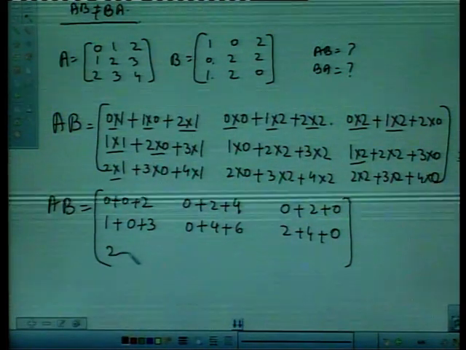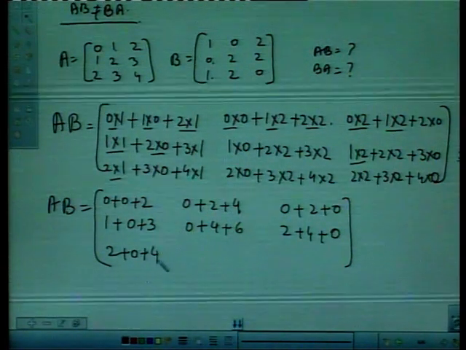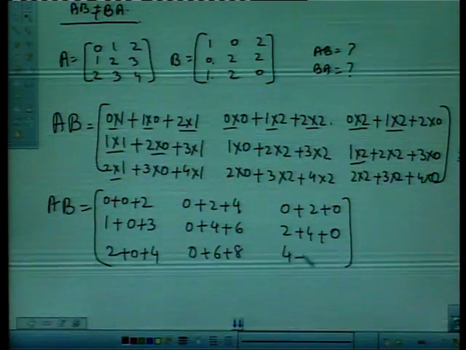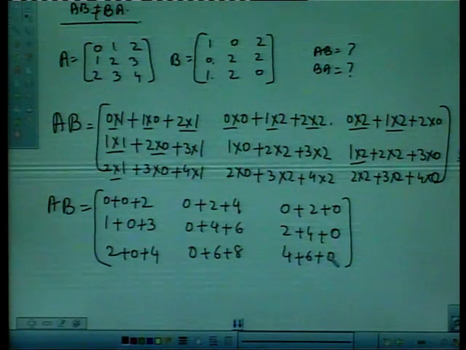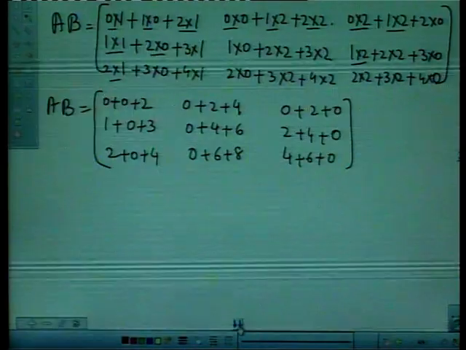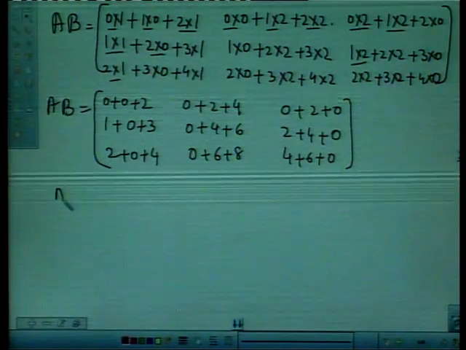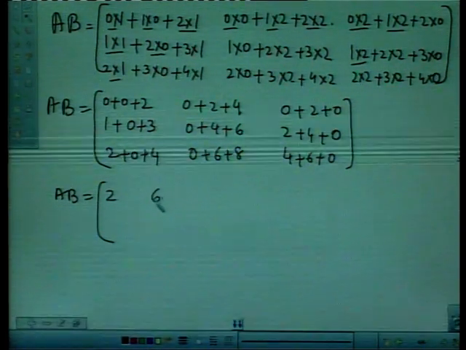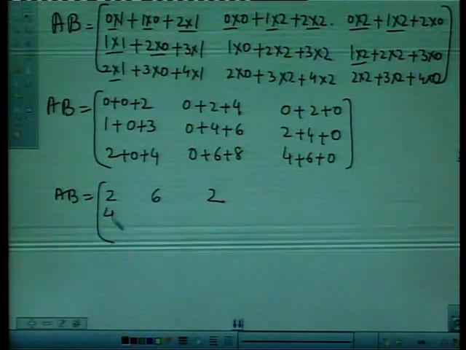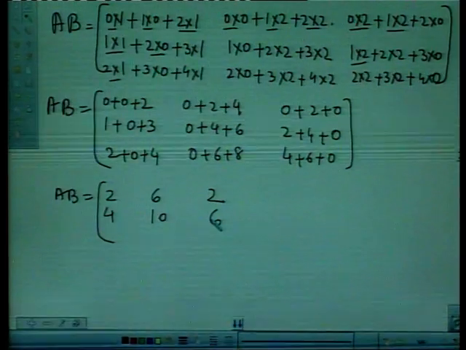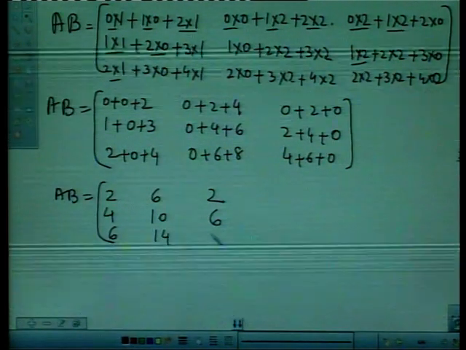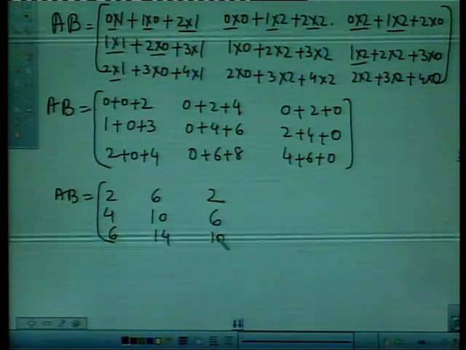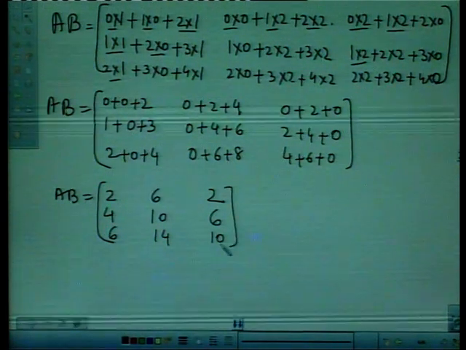Here 2, 0, 4, 0, 6, 8, 4, 6 and 0. Then what we get: 2, 6, 2, 4, 10, 6, 6, 14 and 10. This is our product AB.